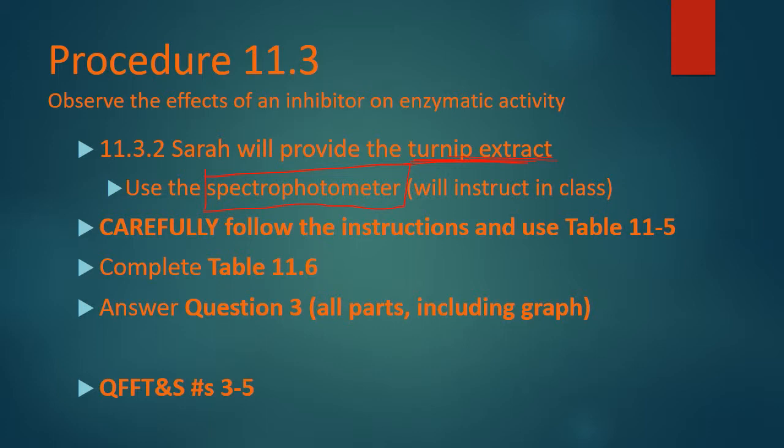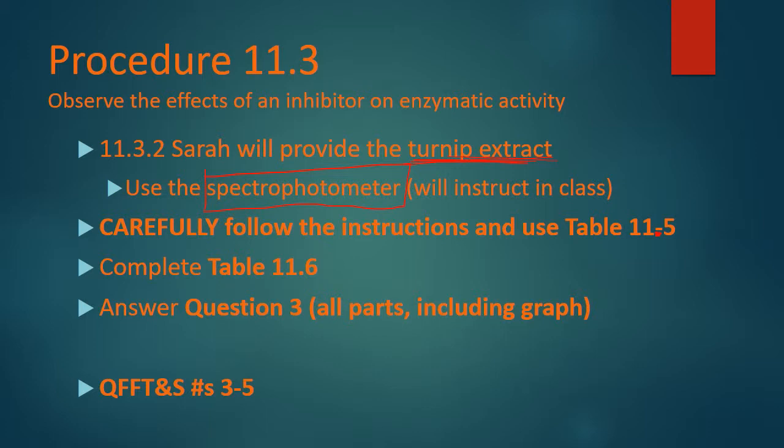If you look at the table on page 121, table 11.5, it is very detailed. The written instructions on page 120 have the steps written out, but I highly recommend you use the table.